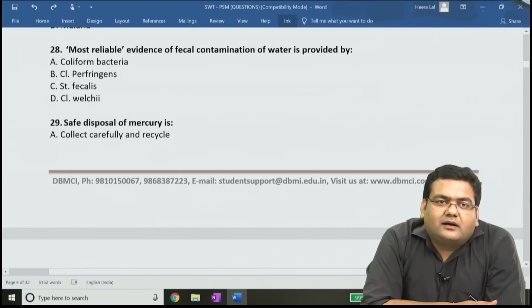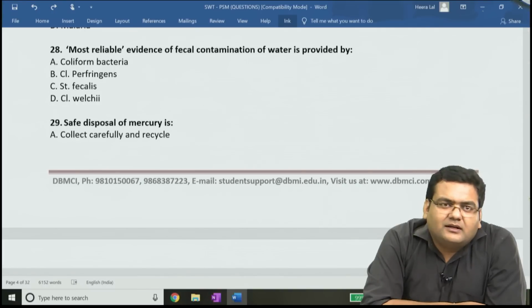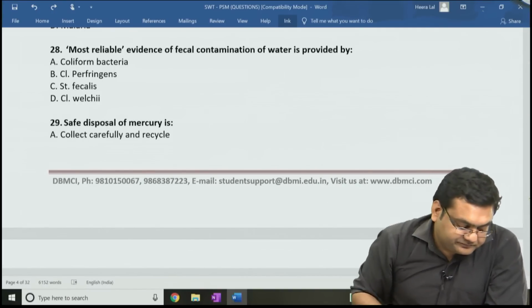Question number 28. Most reliable evidence of fecal contamination of water is provided by? Correct answer is option A, that is coliform bacteria.